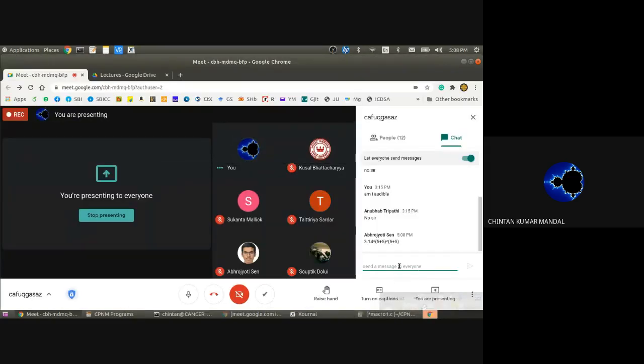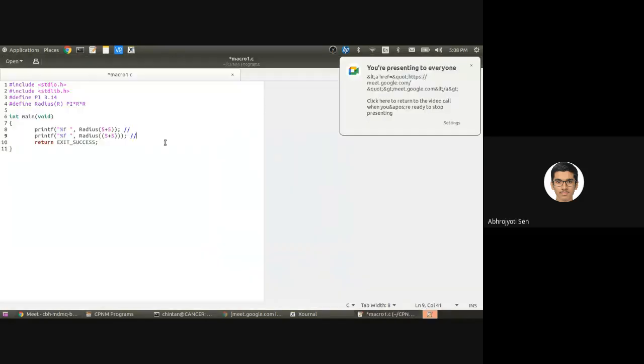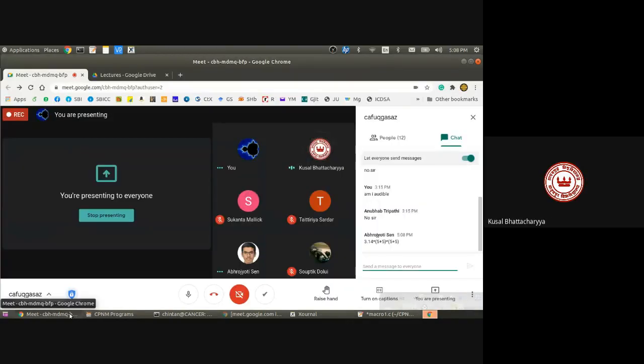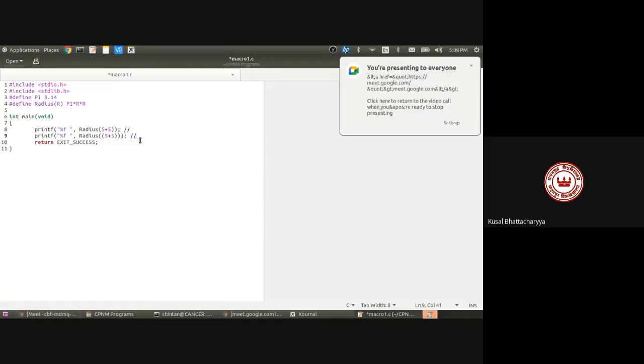And line number 9? এই 5 plus 5টা কিন্তু একটা ব্র্যাকেটের ভেতরে আছে। এই ক্ষেত্রে 3.14 ইন্টু 10 ইন্টু 10 হিসেবে হবে। স্যার answer তো একই আসা উচিত। Okay.